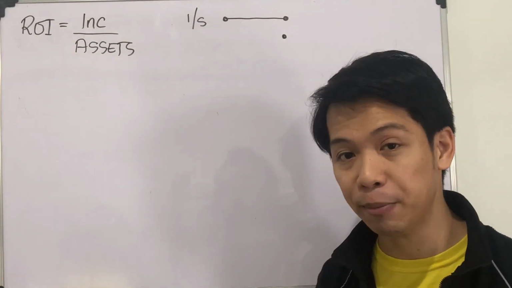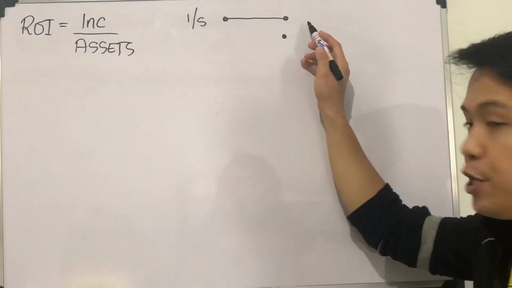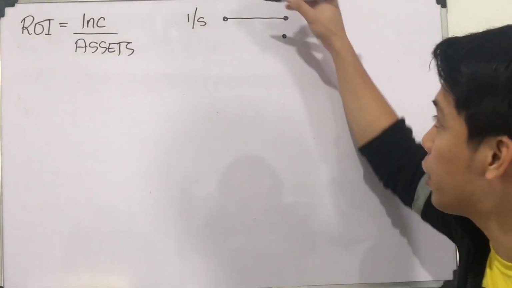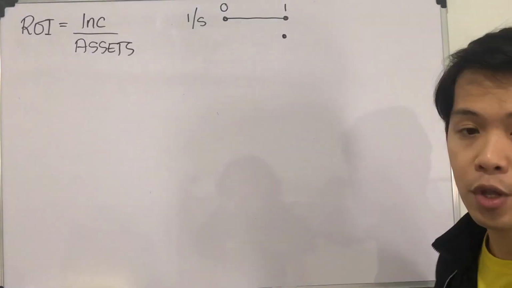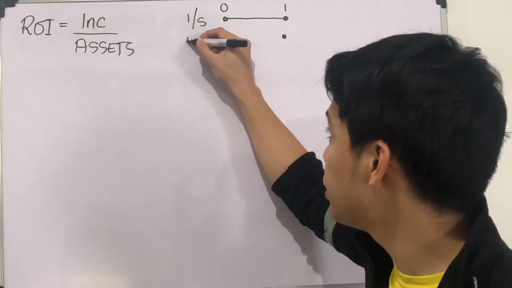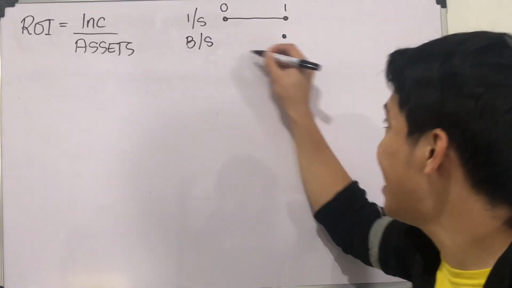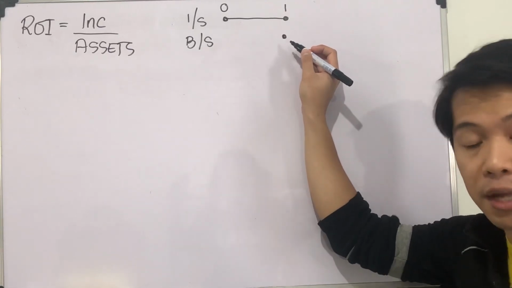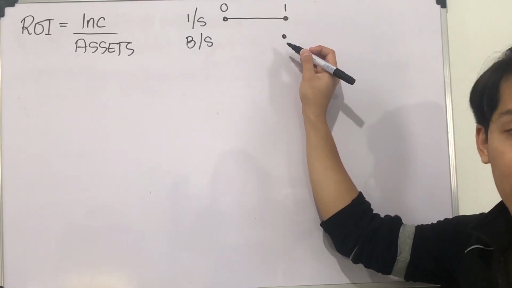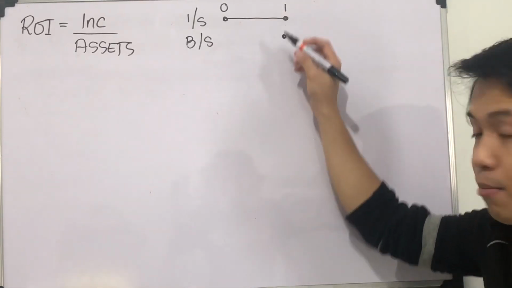So, income statements pertain to the entire period, say of year 1, starting January 1 of year 1 to December 31. While balance sheet accounts, they only pertain to the last day of the period. That is why, when it comes to balance sheet accounts, we're going to put them together with income statement accounts.